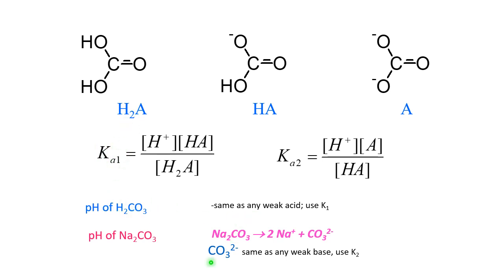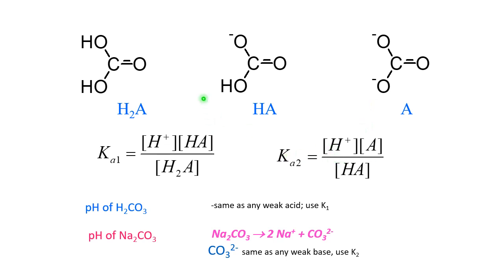For completely deprotonated carbonate, say sodium Na2CO3 soda, you have carbonate ions in solution which are a weak base. As any weak base, we'll use this second constant as we did for phosphate before and calculate pH of this solution. It will be very basic.